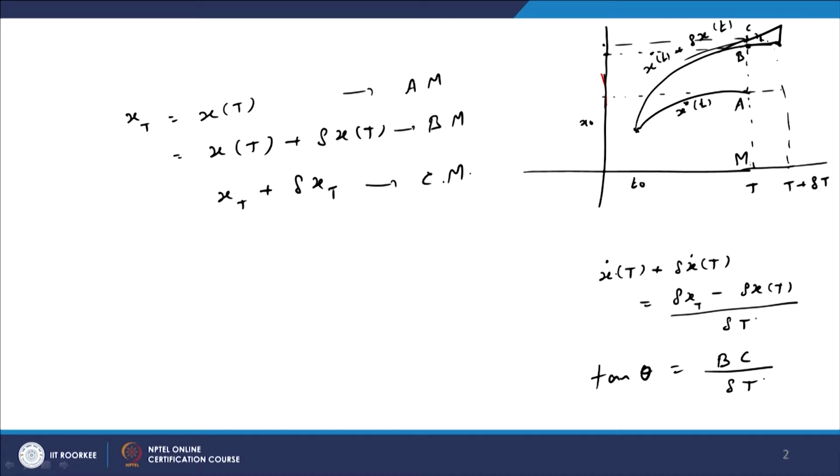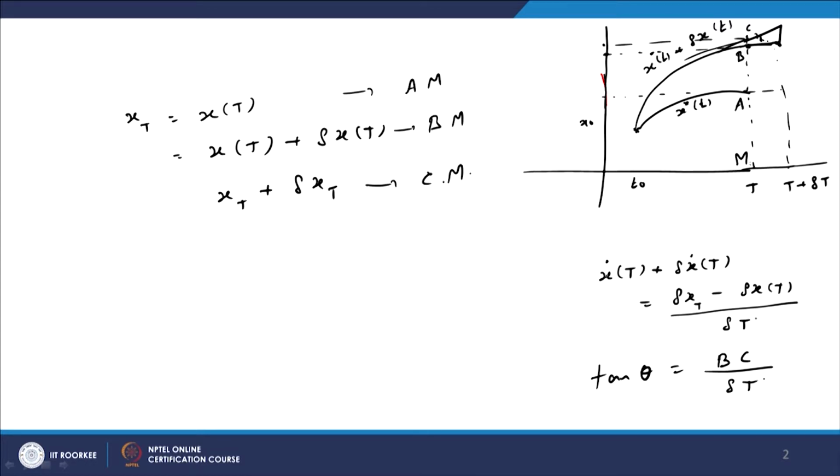That is, x of t plus del x of t, its derivative evaluated at capital T, is the slope of this tangent, and that is equal to tan theta, which is BC height by delta capital T. So, that is the expression.